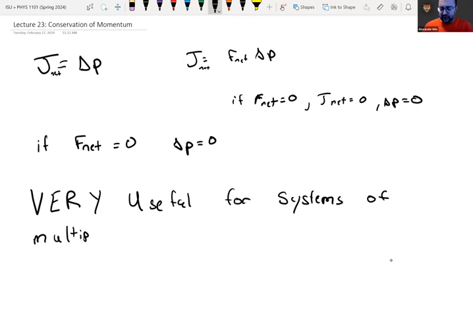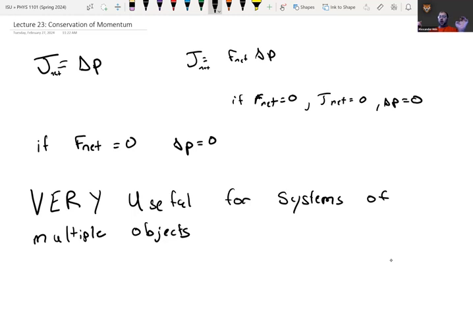Now, why is that? Well, remember that if multiple objects bump into each other, then they exert a force on one another, right? Like two balls hit each other in midair, they exert a force on each other, they change each other's motion, and so on.